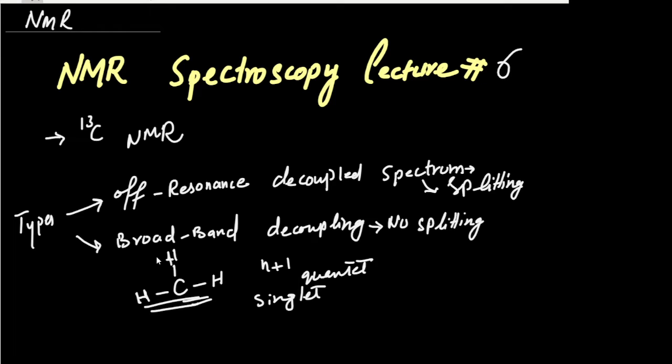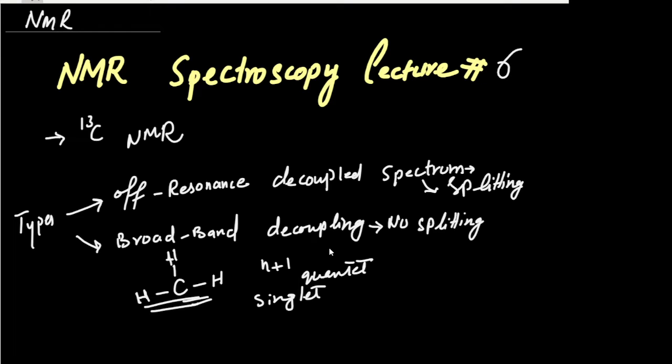We do broadband decoupling because studying the off resonance decoupled spectrum is complex, while studying broadband decoupling is simple. So in order to avoid studying a complicated spectrum, we use broadband decoupling, in which all the peaks will be singlets.